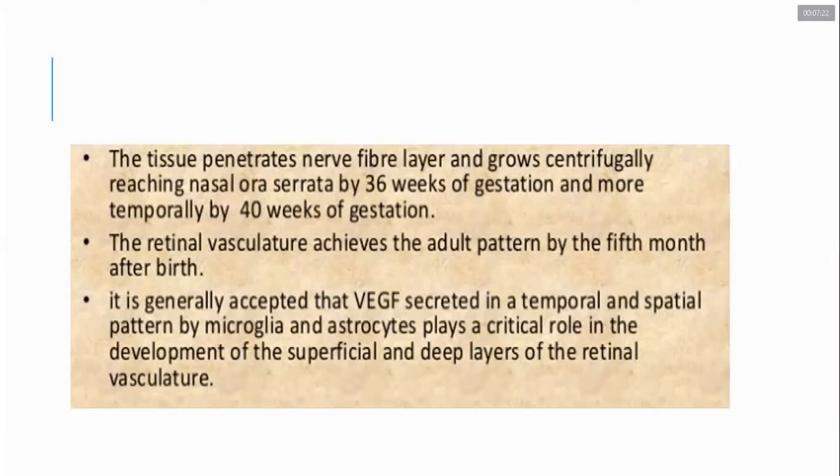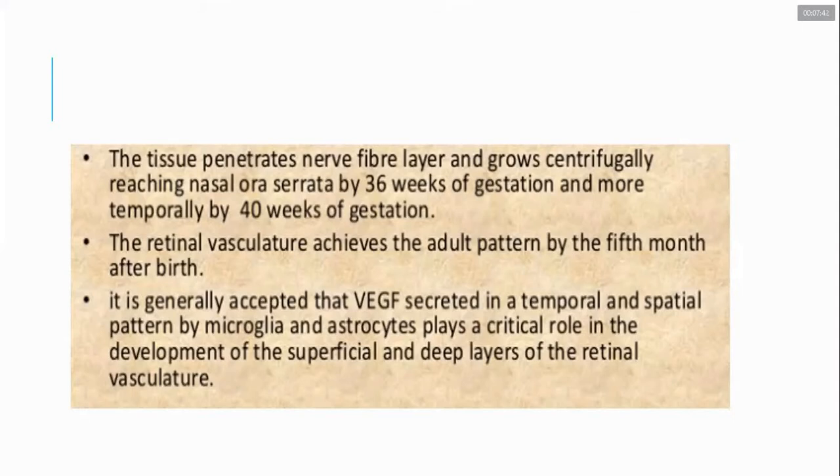So the tissue penetrates the nerve fiber layer and grows centrifugally, reaching the nasal ora serrata by 36 weeks of gestation and the temporal side by 40 weeks of gestation. So this retinal vasculature achieves the adult pattern by the 5th month after birth.